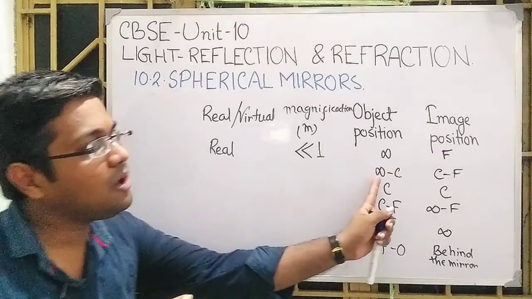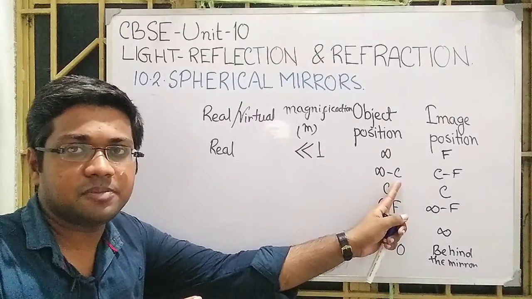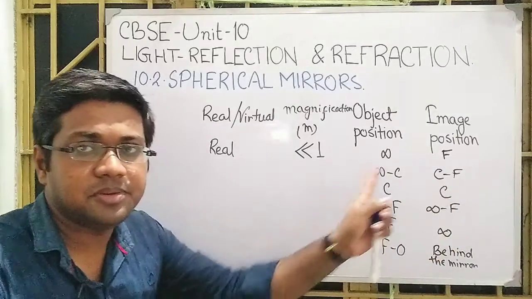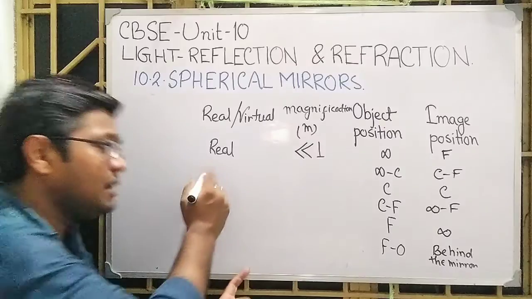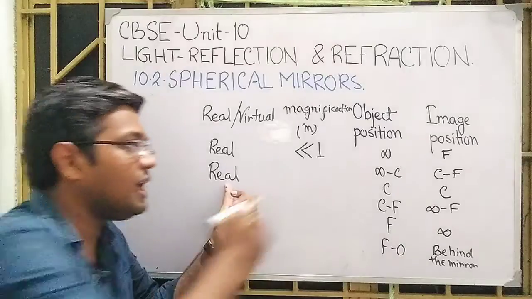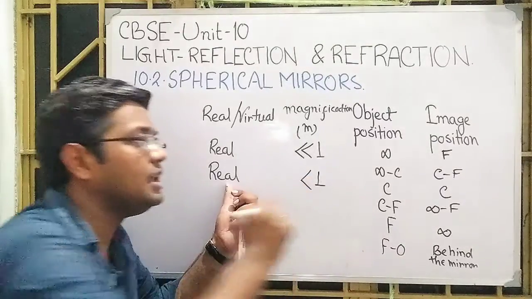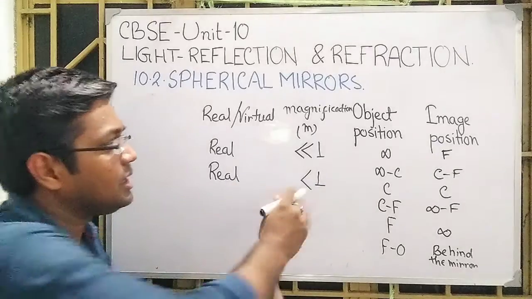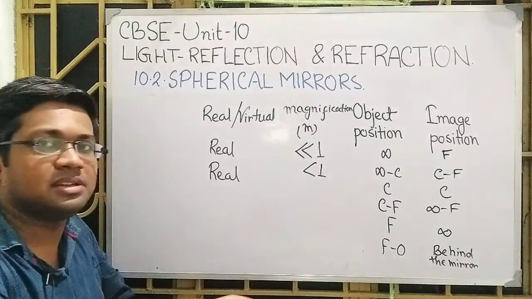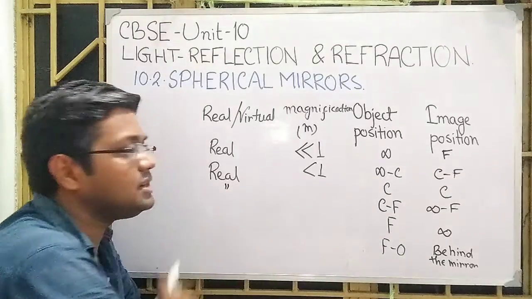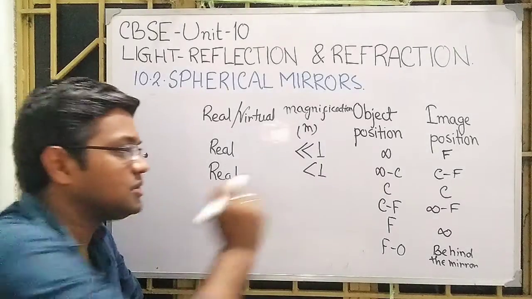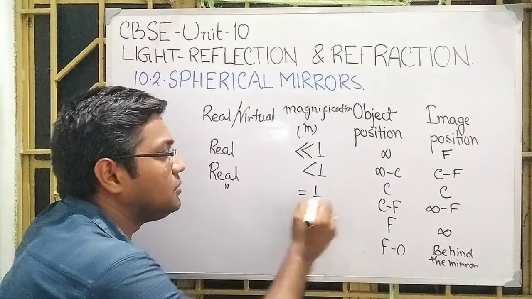Okay, now if the object is placed in between infinity and the center of curvature, we will obtain the image in between the center of curvature and the focus, between C and F. In that case also the image is a real one and the magnification is less than 1. Next, in the case of the center of curvature, there also the image is a real one, but there the object and the image are of same size, so we can say the magnification is 1.